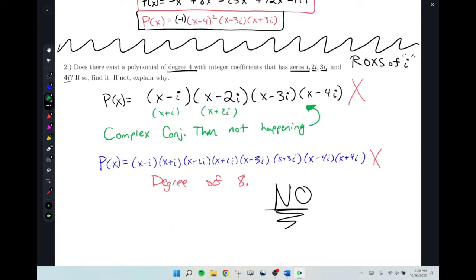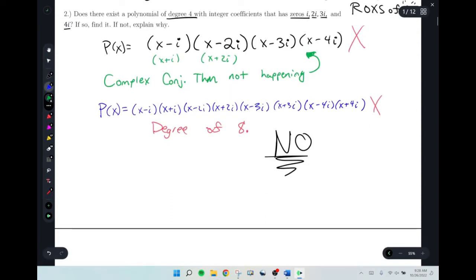Here's a better way to say it. If 2i is a root, then negative 2i is also one.